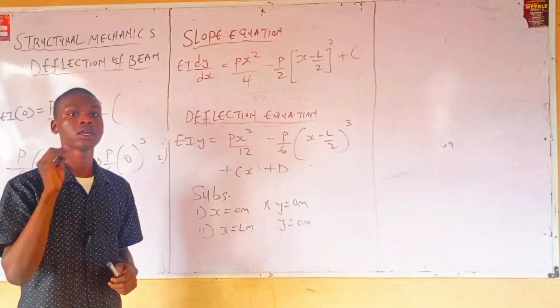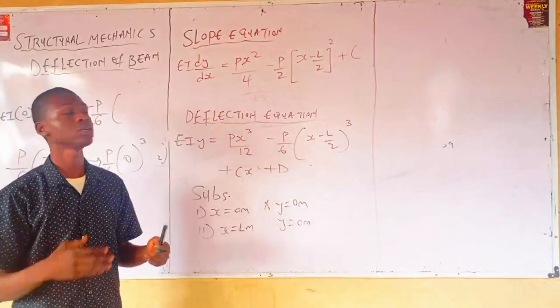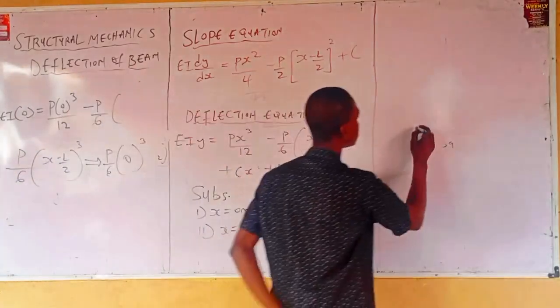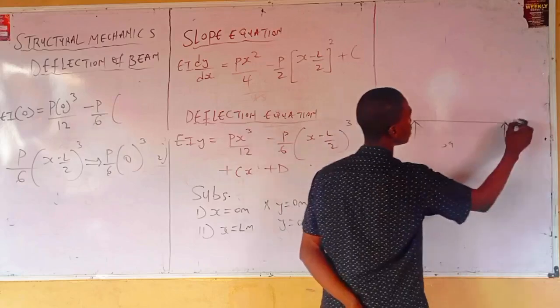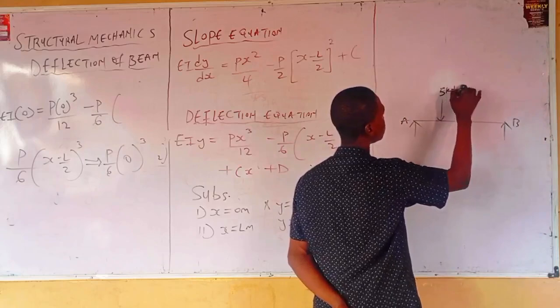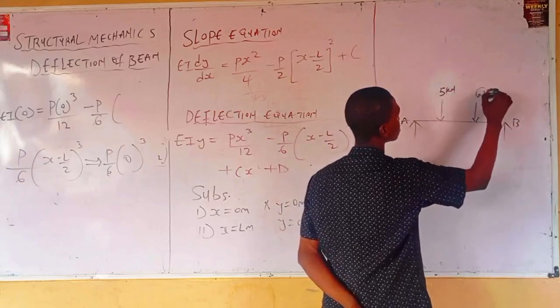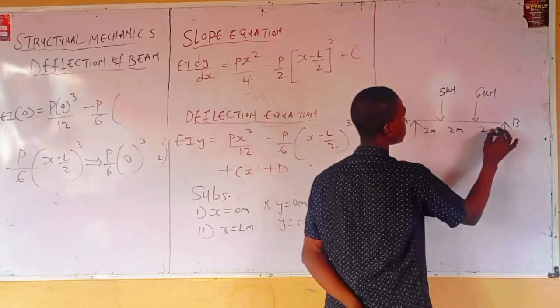You have to input the exact value of x in numerical calculation, meaning if you are given a loaded beam, let's say you have this loaded beam A, B, you have a point load of 5 kilonewton, 6 kilonewton, 2 meter, and this is 2 meter.